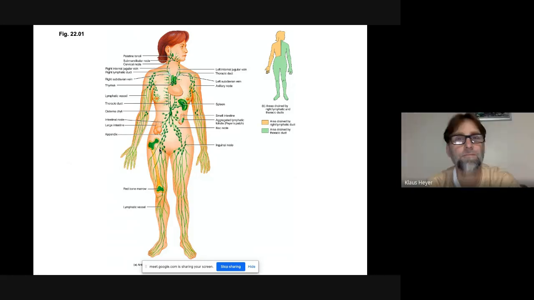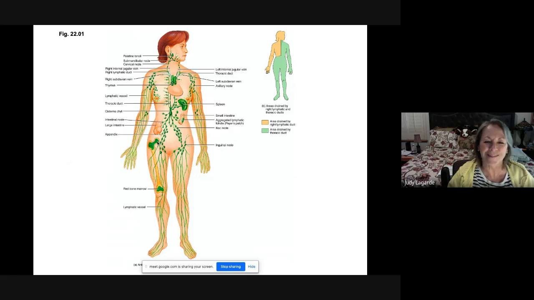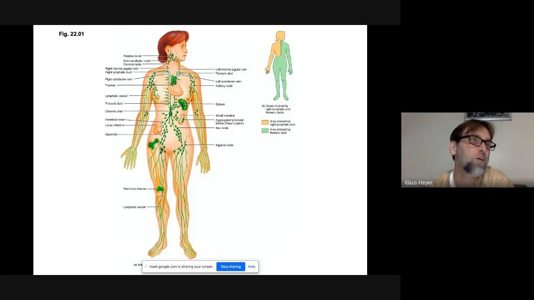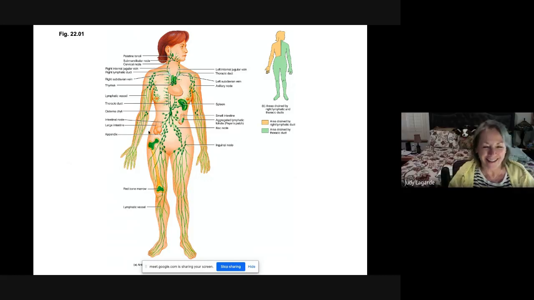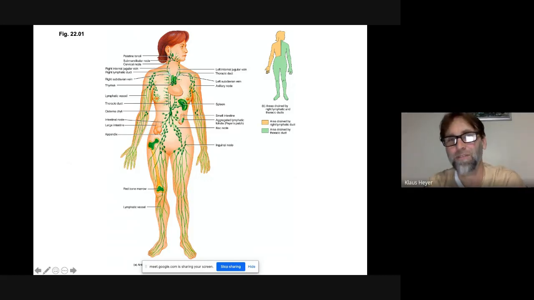What is it? Inguinal. But you see, they congregate in different places up in your neck region. But anyway, they congregate in different parts of your body.